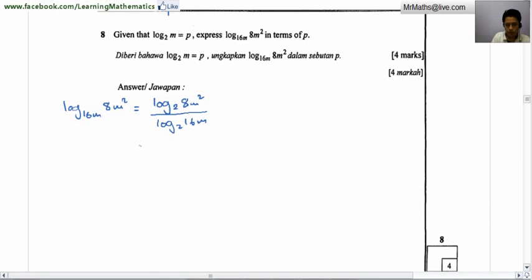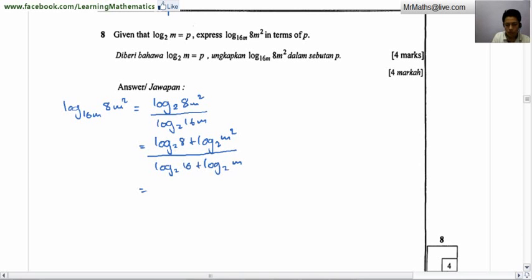Okay, then I can split the one above: log base 2 of 8 plus log base 2 of m squared, over log to the base of 2 of 16 plus log to the base of 2 of m.